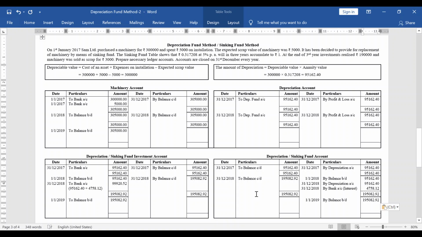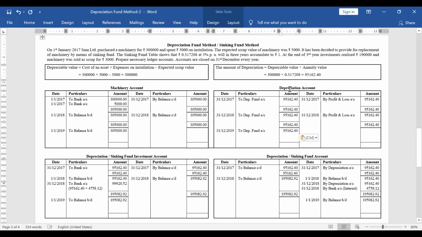Now coming to the year ending 31st December 2019, the first entry is passed for providing depreciation. The entry for the same is depreciation account debit to depreciation fund account, and the amount is 95,162.40.